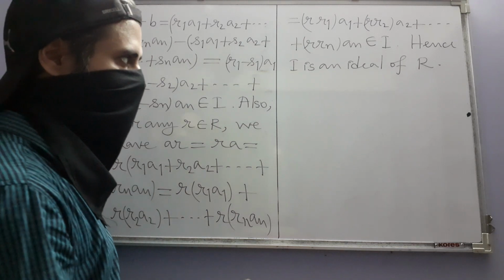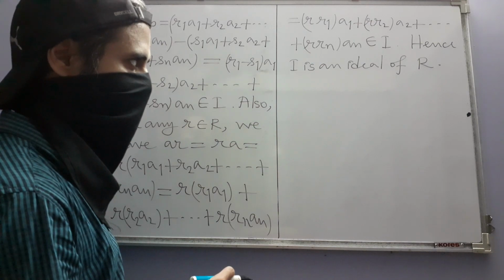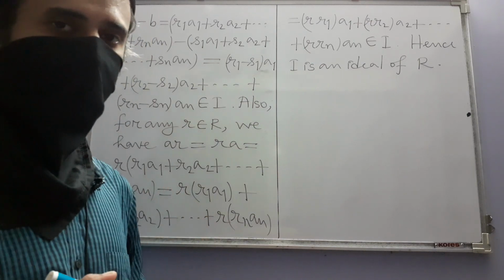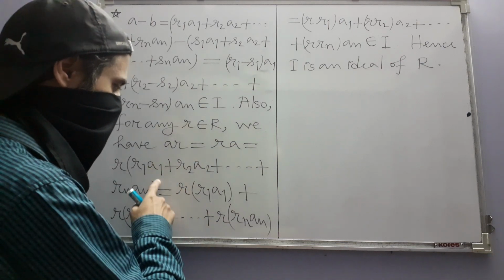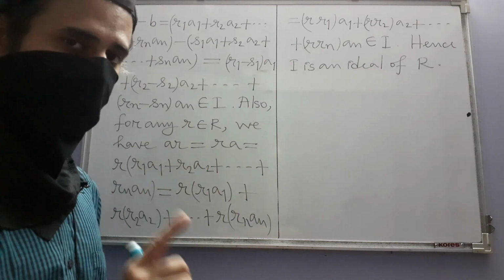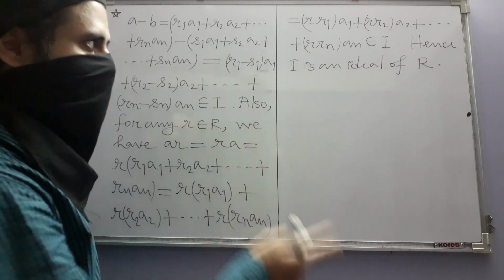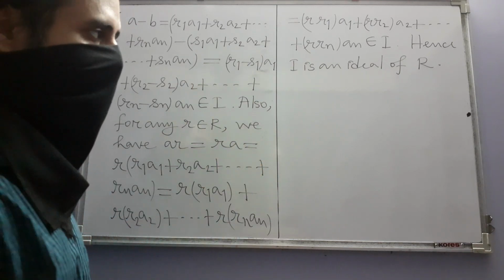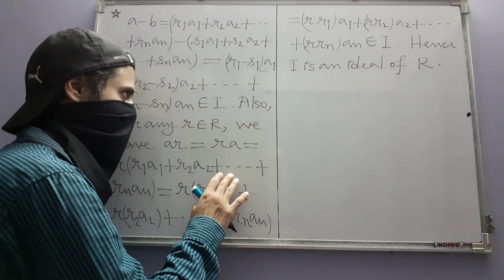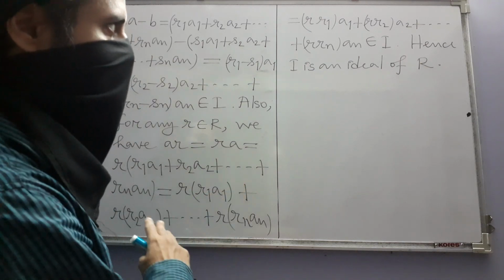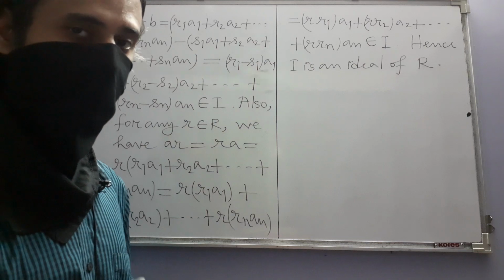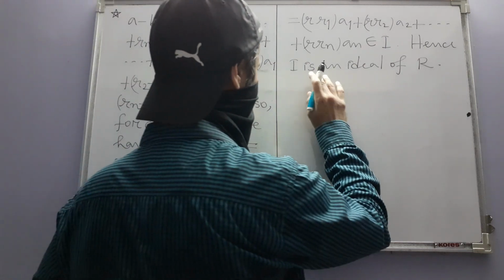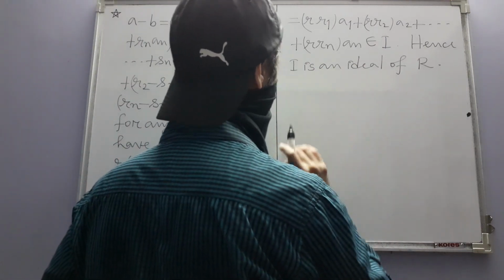We have to additionally show that if J is any ideal of R that contains all these elements, all the Ai's, then I should be contained in J. In other words, I is the smallest ideal of R containing these Ai's. So let's do it in the next paragraph.